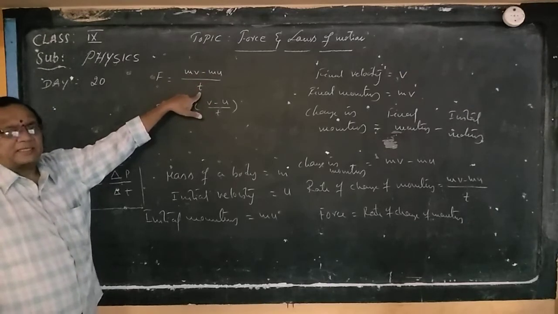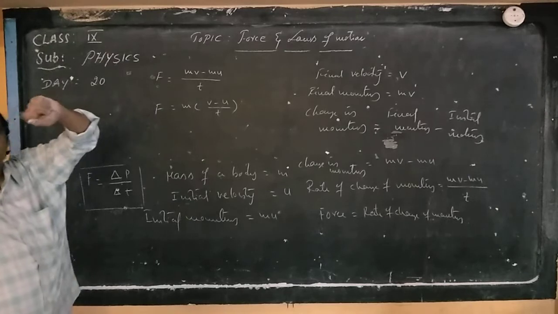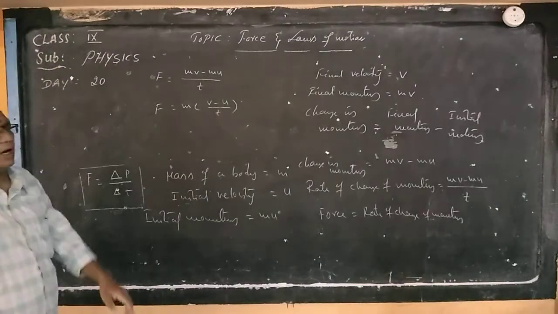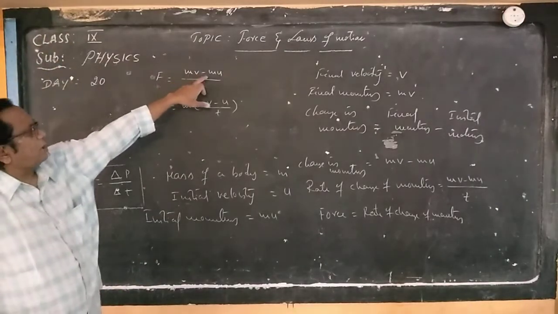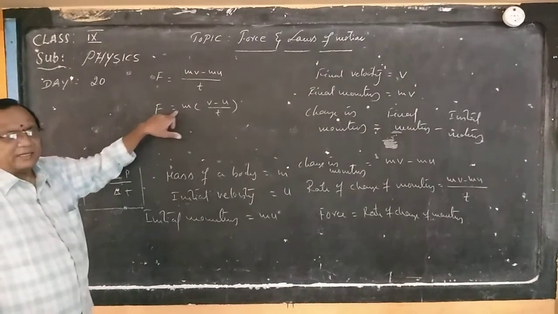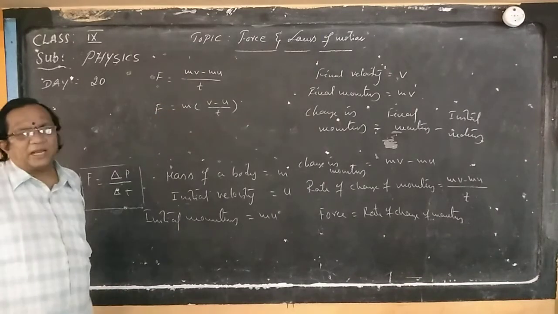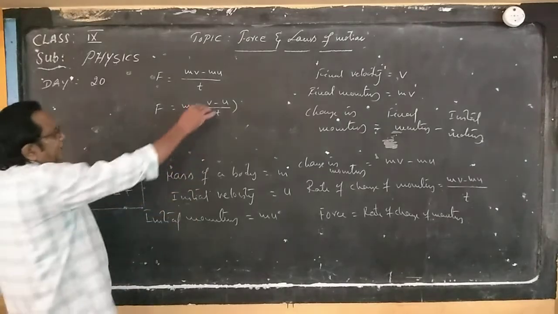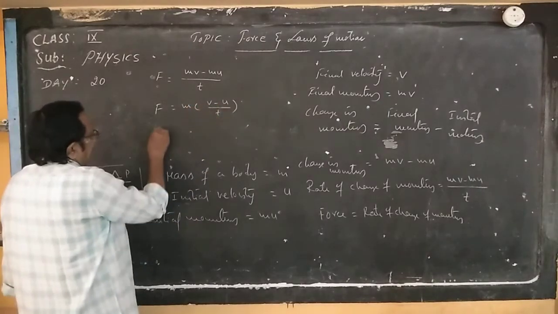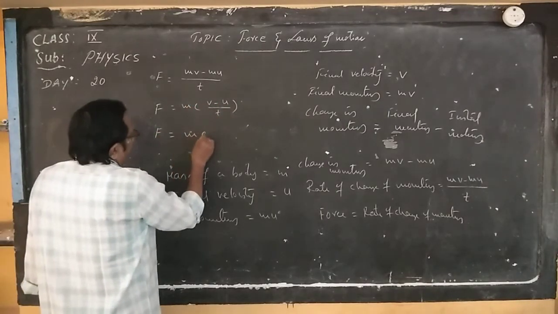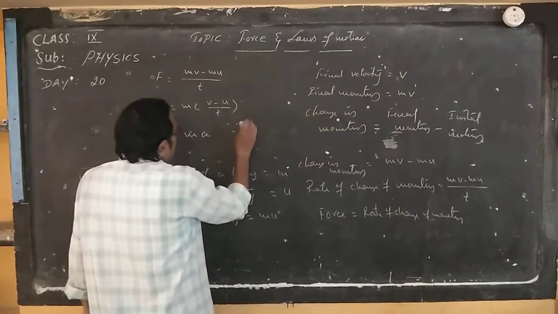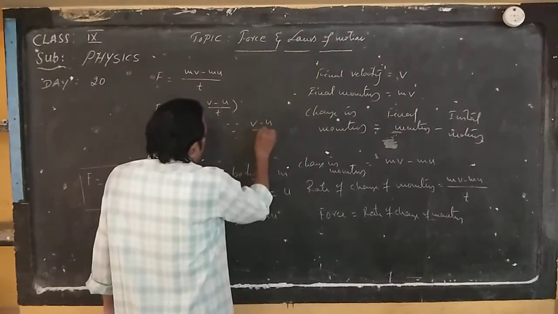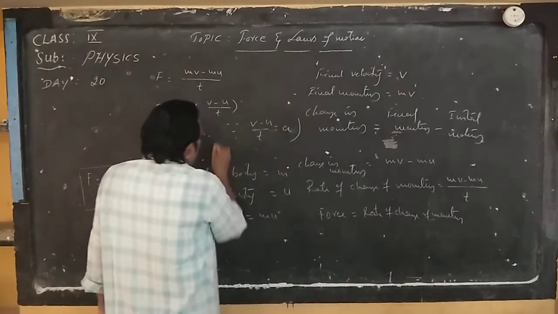But from this we can also deduce F is equal to ma. How? Taking m common, we get F is equal to m into v minus u by t. We know that v minus u by t is acceleration, so F is equal to ma. Why? Because v minus u by t is equal to acceleration.